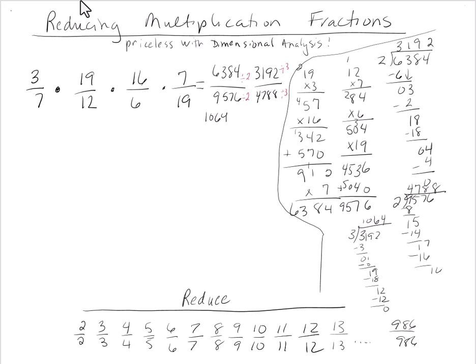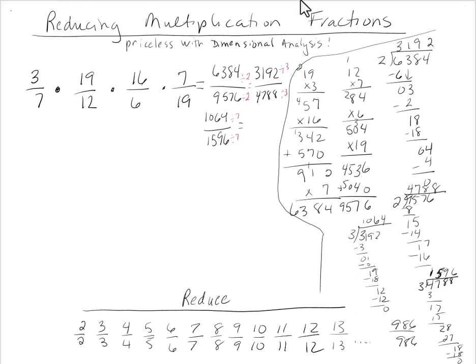I put the answer to the top there. Just for the sake of room, I moved it below it. And let's do the bottom. So the answer on the bottom is 1,596.